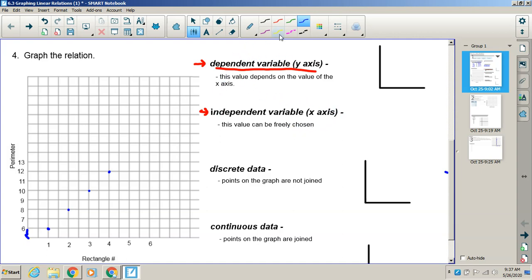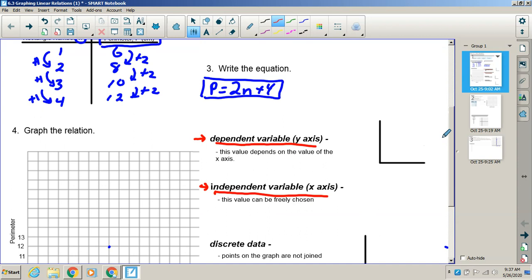Now we can make this a little bit easier to understand if we use another example. So you'll get data sometimes, and it won't tell you what goes on the x and what goes on the y-axis when you're graphing it. And we just can't throw stuff wherever we want. It has to go in a particular spot.